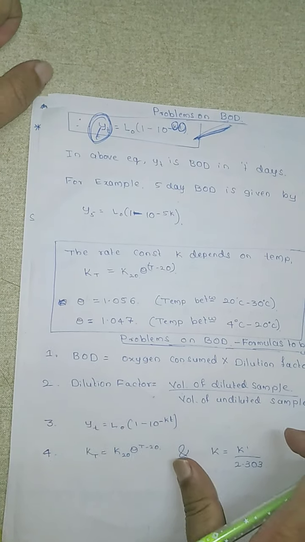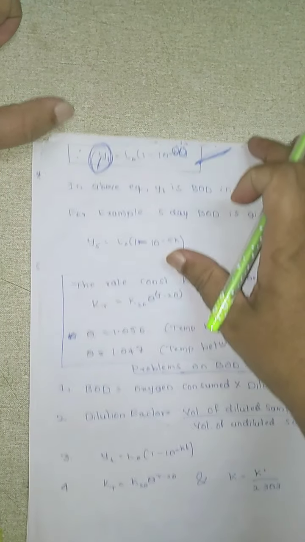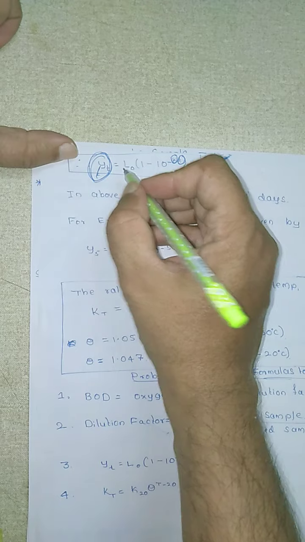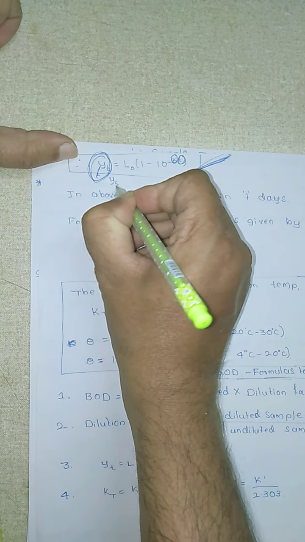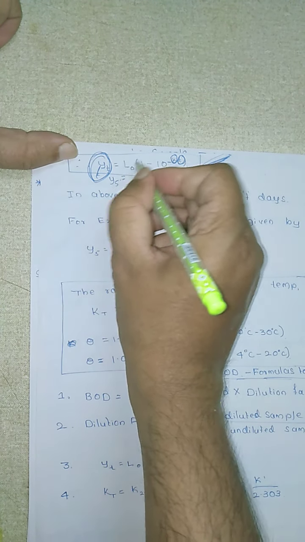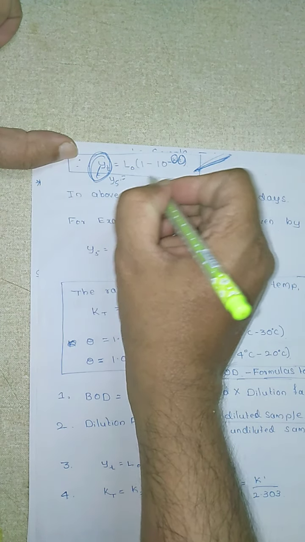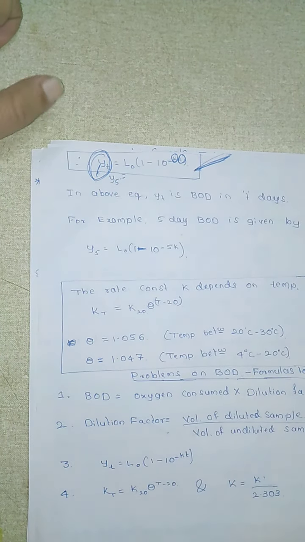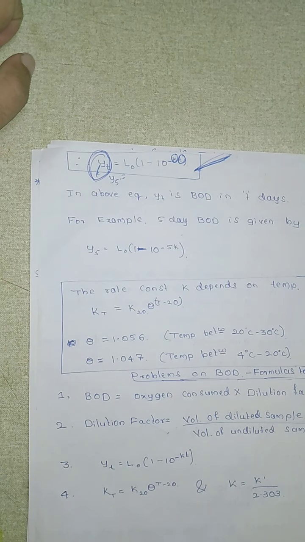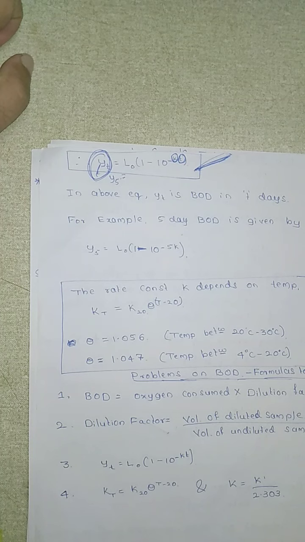Suppose in a problem they ask you to determine the 5-day BOD, so this will become yt, and if the ultimate BOD value is given, then you need to put it in here. Then t is the number of days they ask about, which we will determine. Normally the k value will be given to you, or if not given, we will see how to solve it.